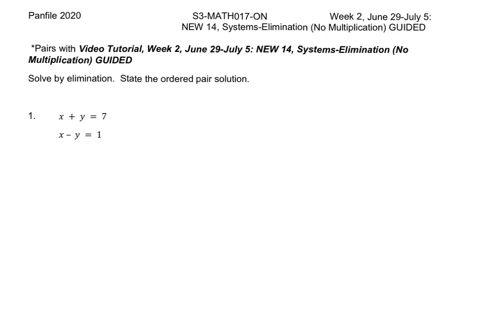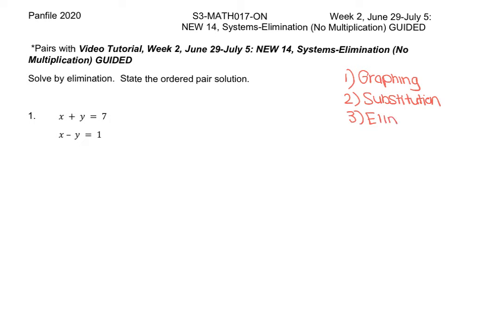There are 3 methods. I hadn't given you the name of the third method because we hadn't talked about it yet, but here we are. The first method was graphing. The second method was substitution. The third method is elimination.